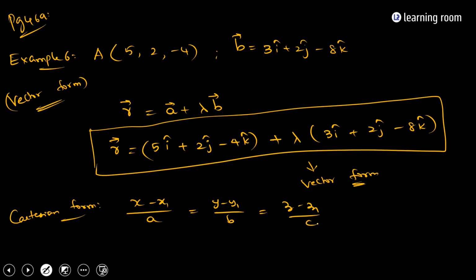And what is the relation we know between direction cosines? l square plus m square plus n square should be equal to 1. When it is not equal to 1, obviously the numbers that are there are going to represent only the direction ratios. So in this problem, this 3, 2, minus 8 represent the direction ratios. So the answer is going to be x minus 5 divided by 3 is equal to y minus 2 divided by 2 is equal to z plus 4 divided by minus 8, because a is 3, b is 2, and c is minus 8.